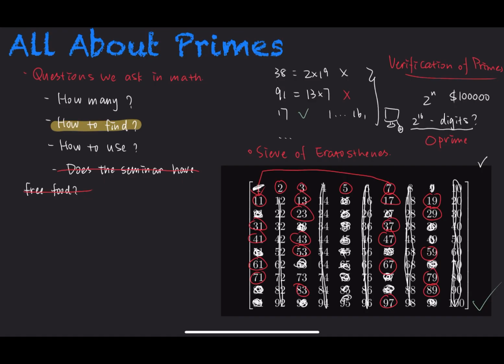I won't go into the mechanisms behind verification of primes specifically. That's a thing for another day in another video. But take some time to appreciate this and maybe to look it up if you like this type of content. And we'll take a brief break before we move on to the next section.